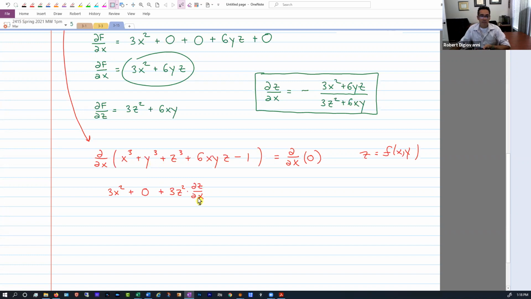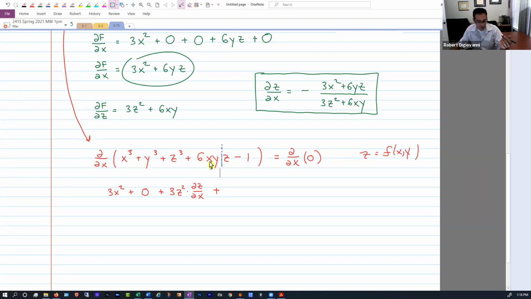Understand? Then I'd have to do plus, and then on the next one, this would be a product rule, because x is our variable and z depends on x and y. Let me do the product rule real quick.